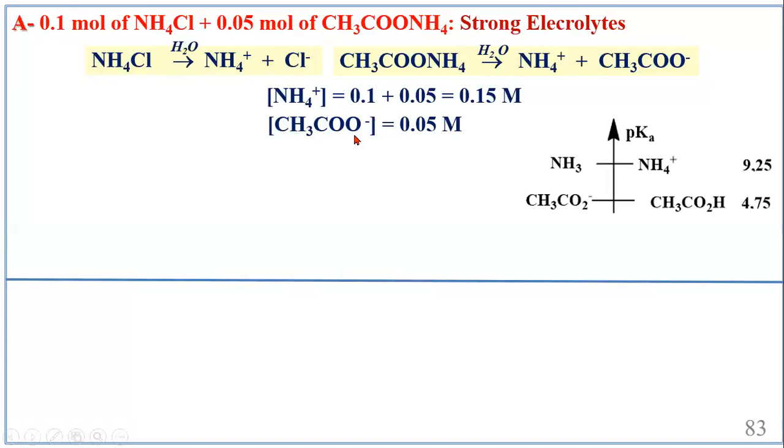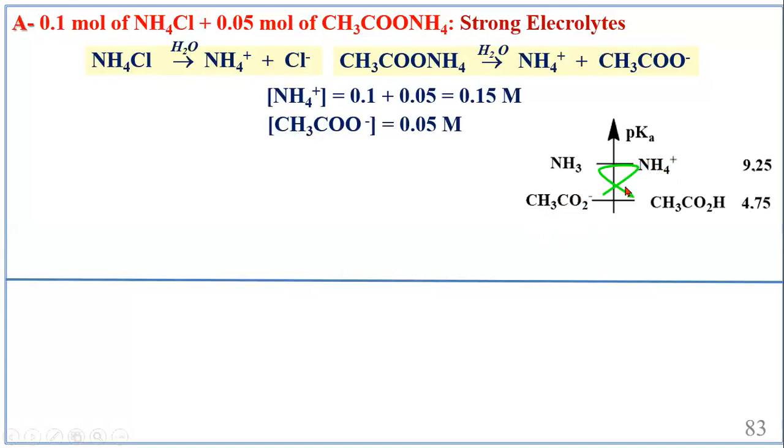So clearly it's just two species, but I'm going to put them on a pKa scale. Here's my ammonium and here's my acetate. If I do this reaction, the anion with the acid, I always start with the base and then go wherever the acid is.